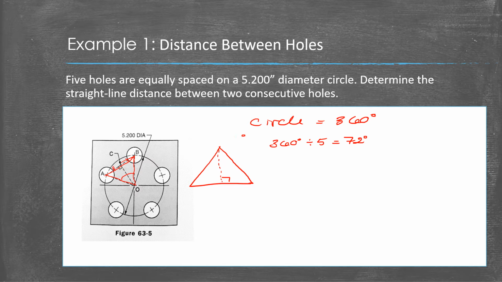So we're going to take our 72 degrees and divide it by 2. 72 degrees divided by 2 leaves us with 36 degrees. So this angle is 36 degrees.